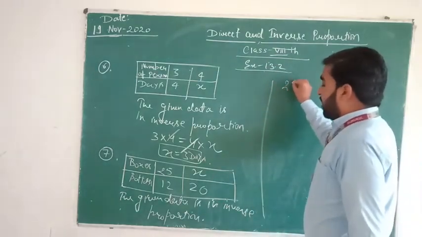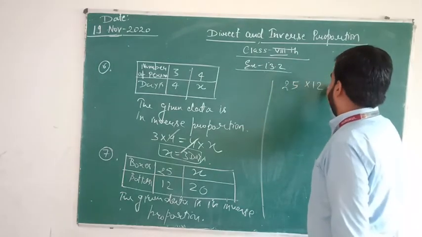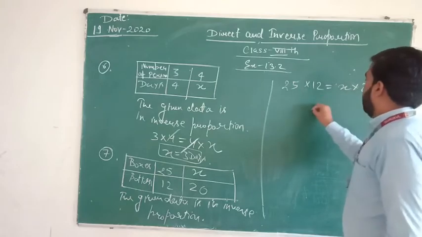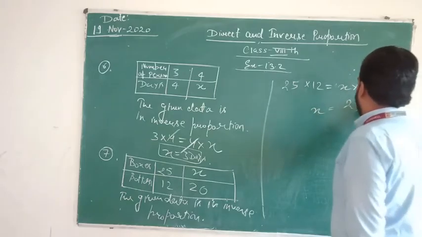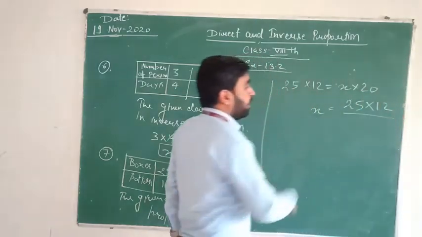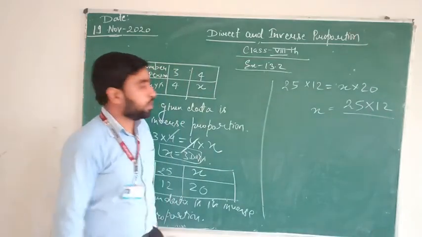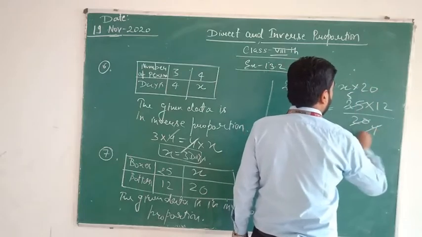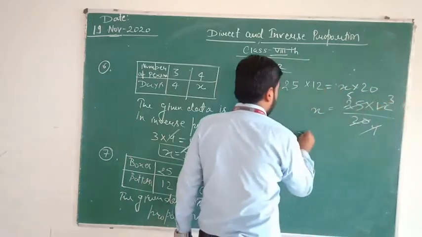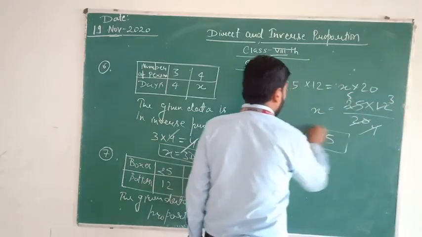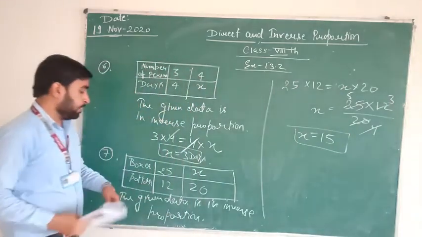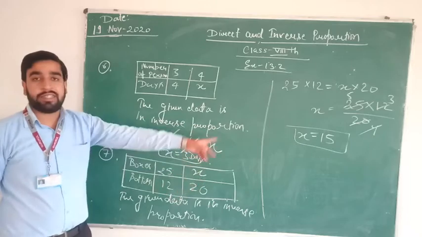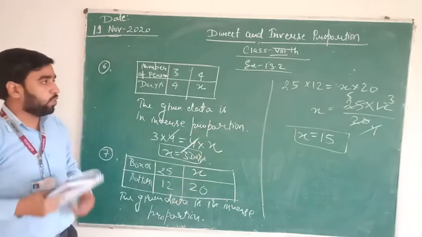So product should be equal, means 25 into 12 should be equal to x into 20. So x will be how much? 25 into 12, divided by 20. So let's solve this. 5 5s are 25, 5 4s are 20, 4 3s are 12, 5 3s are 15. So if you will increase the number of bottles, obviously the number of boxes will decrease and that will be 15. Hope you understood it.